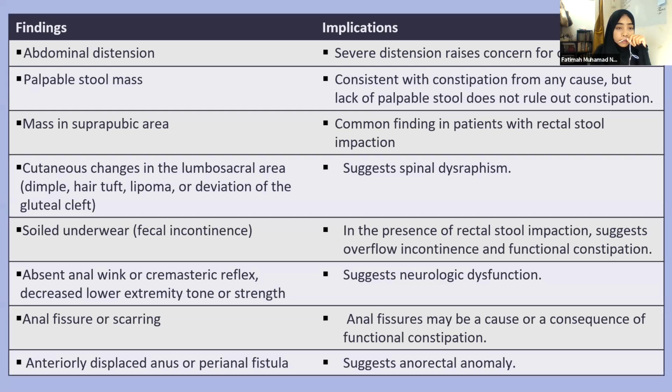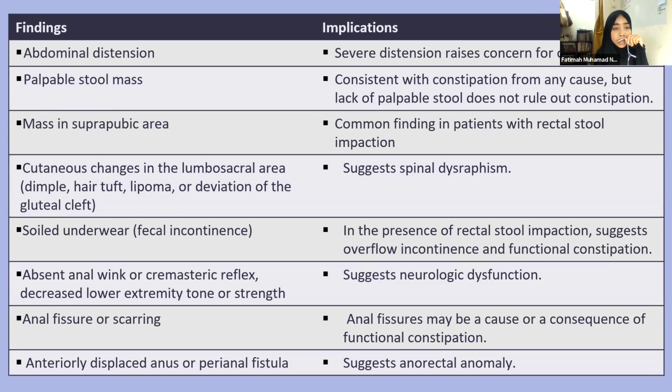Okay, so when you look at the abdomen, you need to look for abdominal distension, and also palpate the abdomen because there may be a palpable stool mass in the left quadrant, and also any masses in the suprapubic area, any cutaneous changes in the lumbosacral area, such as explained earlier, any suggestion of spinal dysraphism, and look at the underwear for any soiling to indicate fecal incontinence, because this may suggest functional constipation.